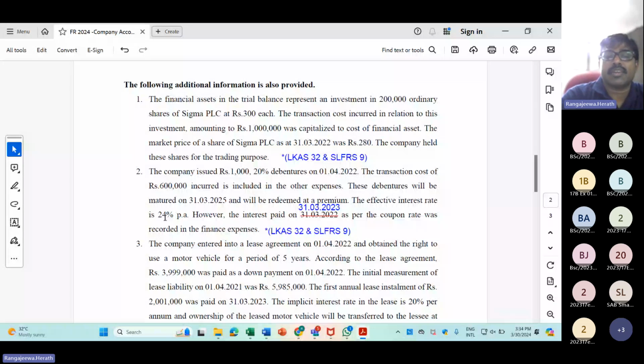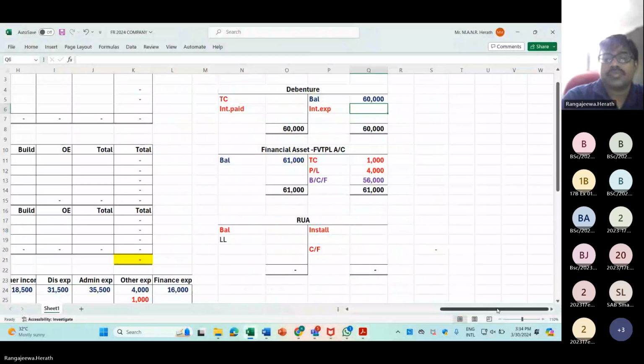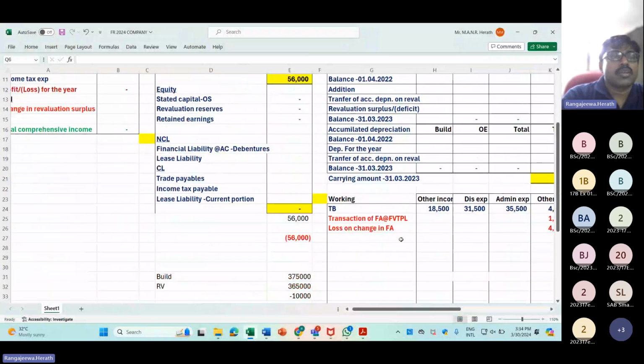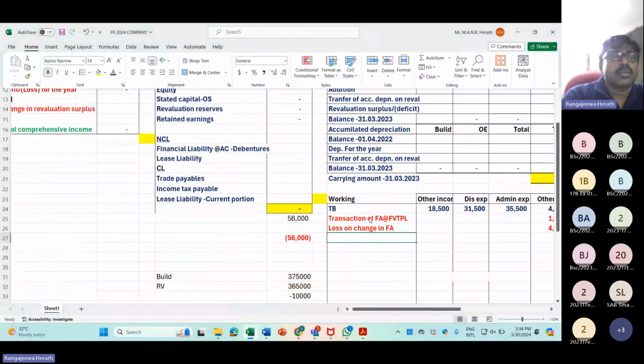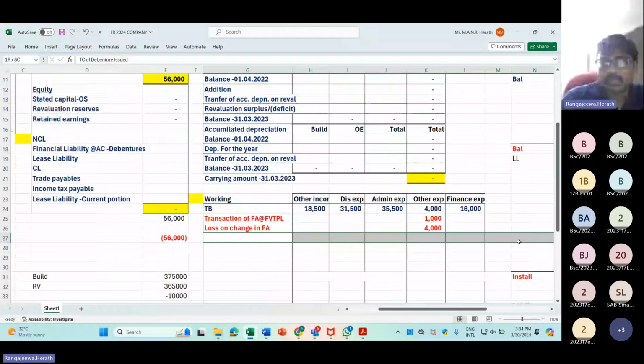The transaction cost 600 is included in other expense. That is wrong. First, you take this transaction cost, which should be debited to the financial liability account. Transaction cost on debenture issue. At the moment, this transaction cost is included in other expenses.